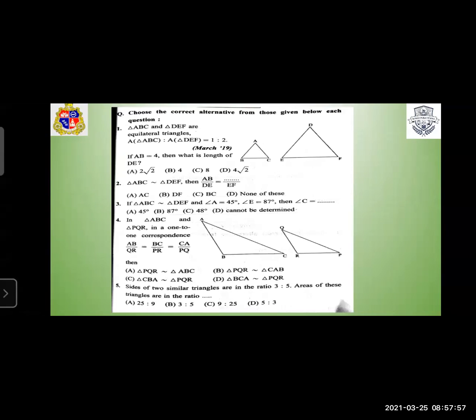See, first question: triangle ABC and triangle DEF are equilateral triangles and the area of triangle ABC to the area of triangle DEF is 1:2. So in this question, 2 equilateral triangles are given and the ratio of their areas is given.